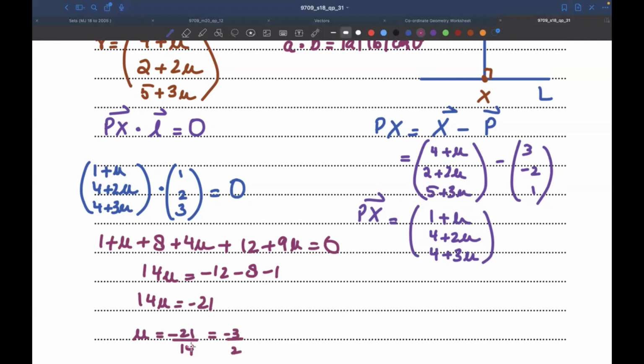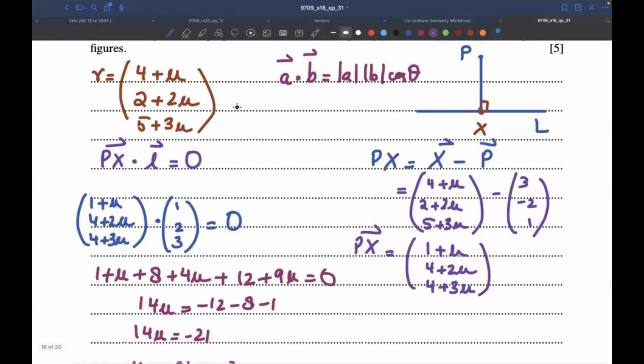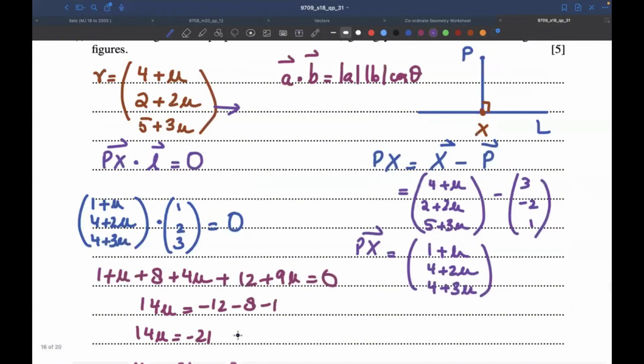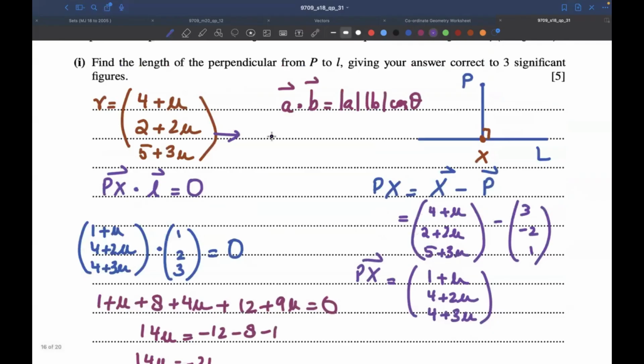Now, as we have the value of μ, we can find the coordinates of X as well. We already have the coordinates of X in terms of μ, and the value of μ at the point of intersection is minus 3 by 2. Substituting, this becomes 4 minus 3 by 2, 2 plus 2 times minus 3 by 2, and 5 plus 3 times minus 3 by 2.